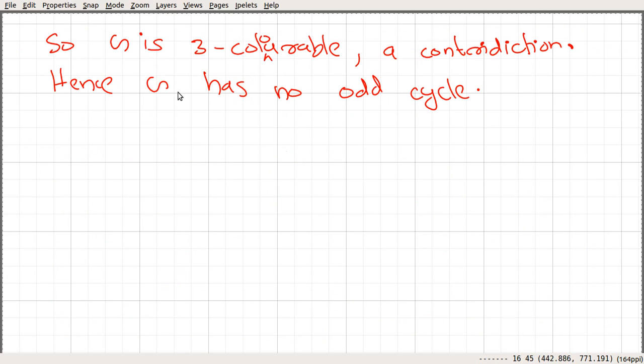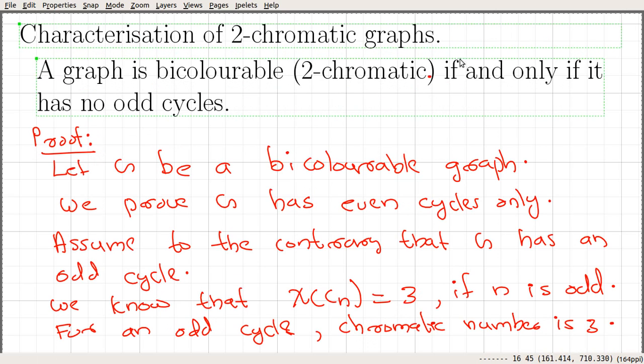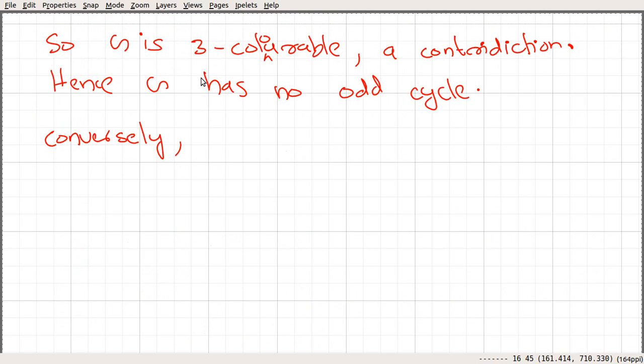So conversely, we are going to prove this one: if the graph has no odd cycle, then the graph is bicolorable.